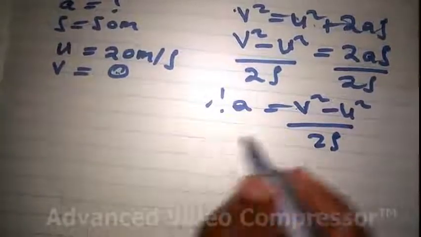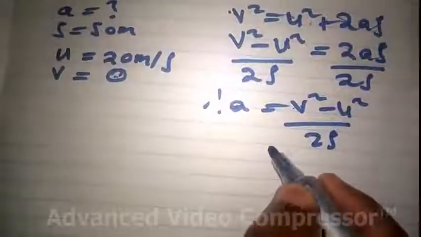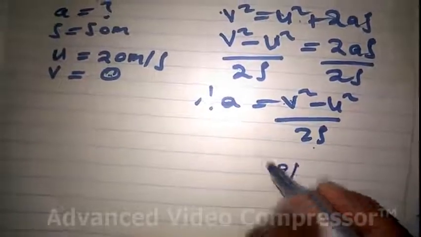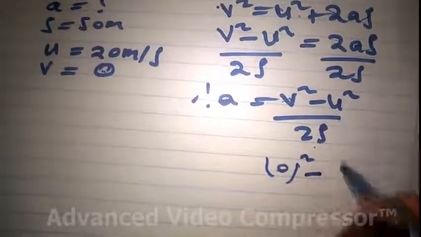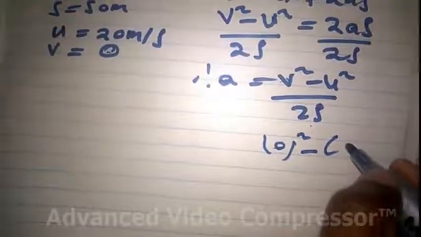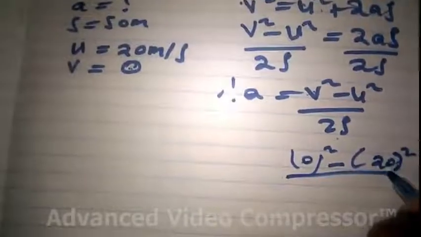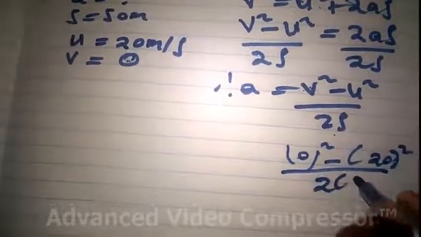Then we have to substitute according to what we have. The final velocity is 0 squared minus the initial velocity, which is 20 meters per second, squared, and then our distance is 50.